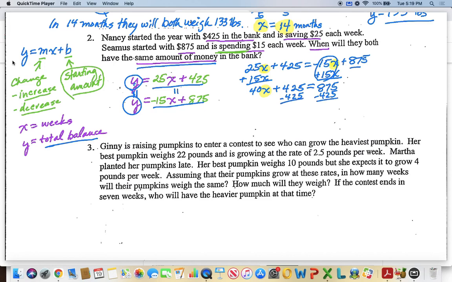All right, so on the left-hand side, we've zeroed that out, and all we have left is the 40x. And on this side, we have, let's see, 40, 45, 450 left.